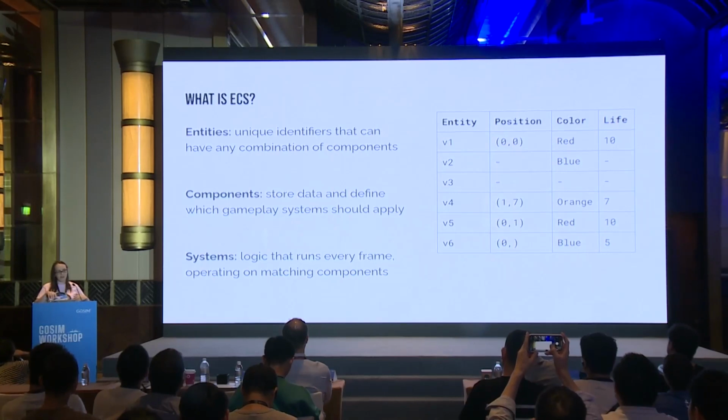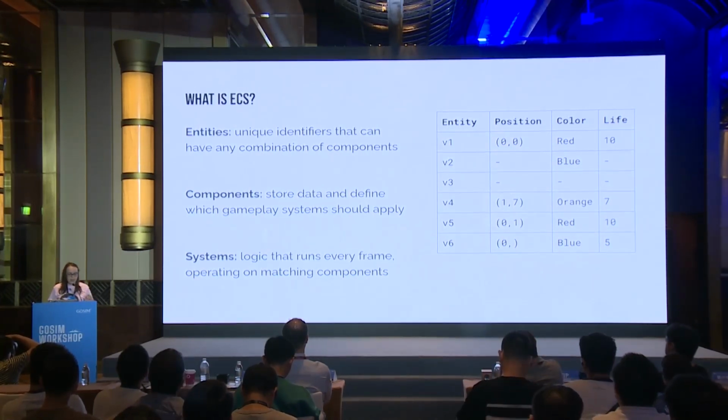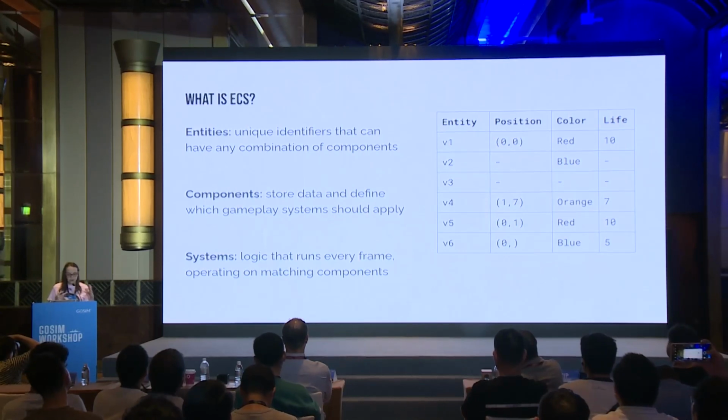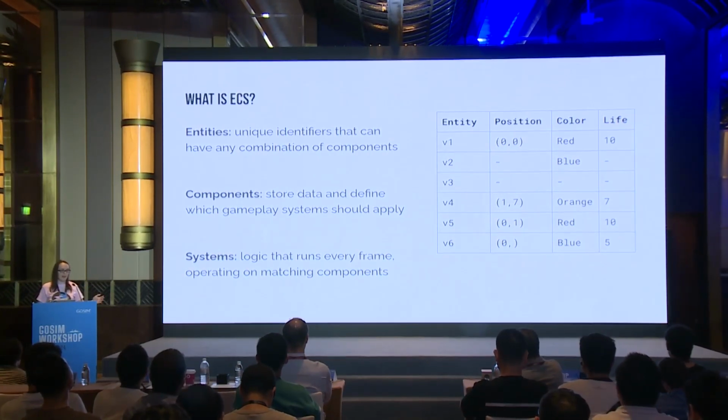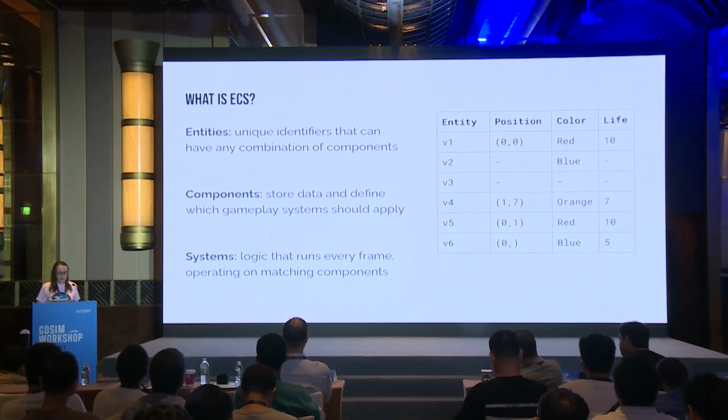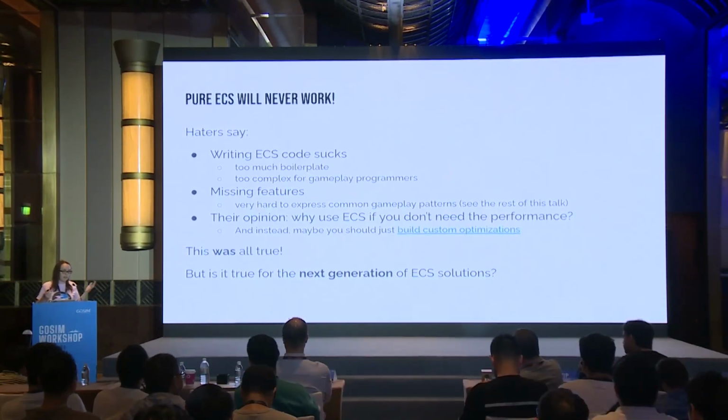In the columns, you have which components, which data they have. The entities basically just act as unique identifiers for those rows. You have the components, which will store the data, and then the systems, which will operate on all entities that have matching sets of components. That's the fundamental architecture, and it's very fast.